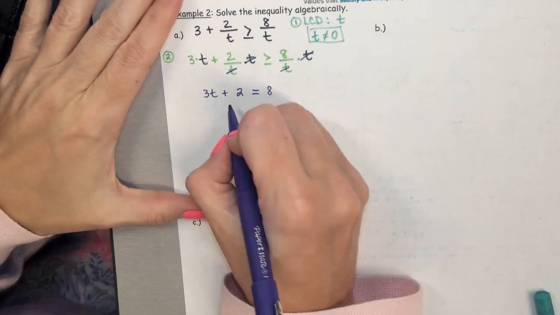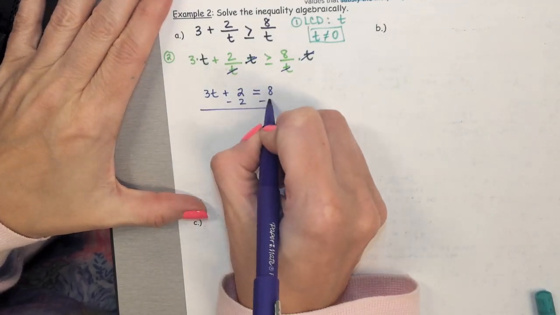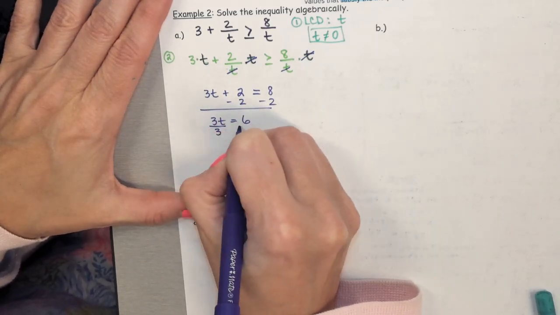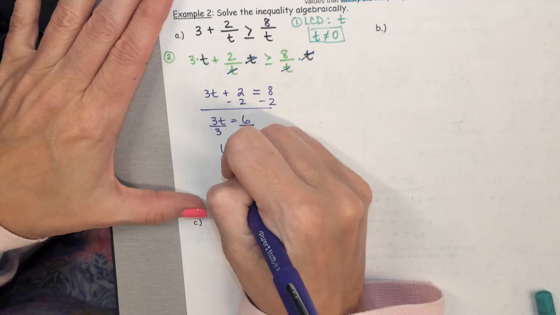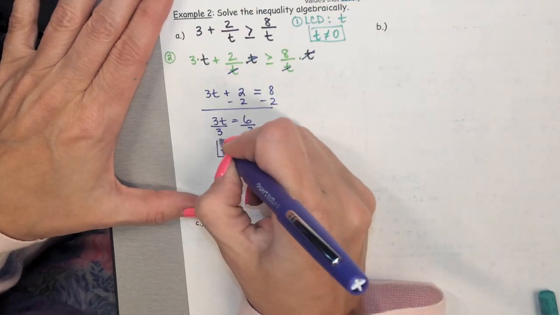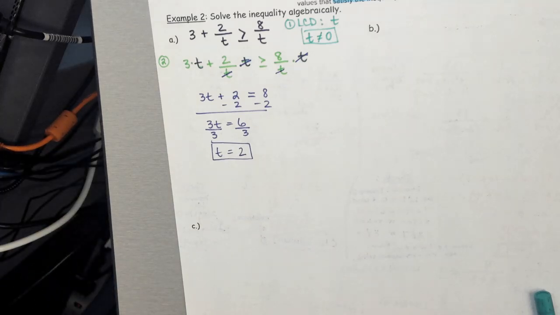And then we're just going to solve this for t. So we have 3t equals 6. Note for this, it's going to be equals. This is the related equation, but your answer will be an inequality.